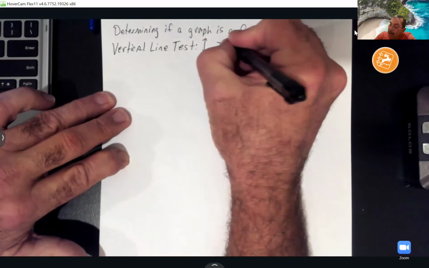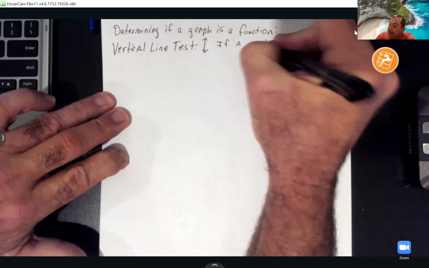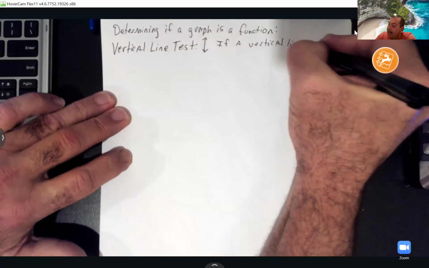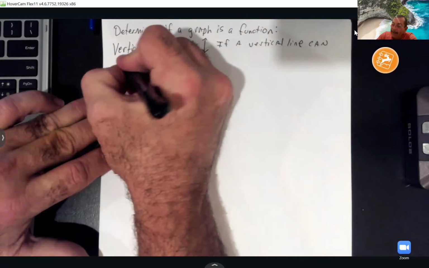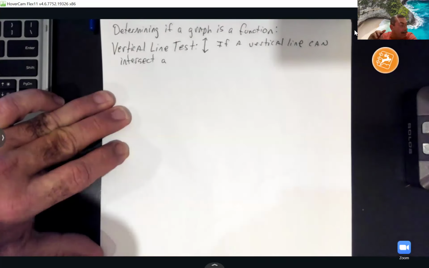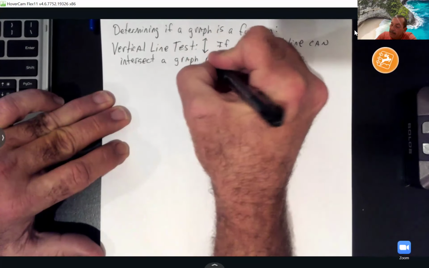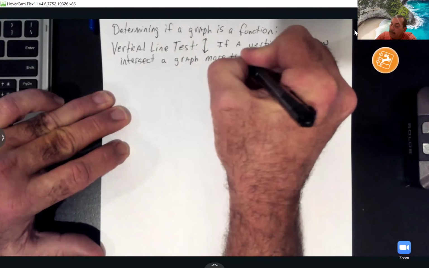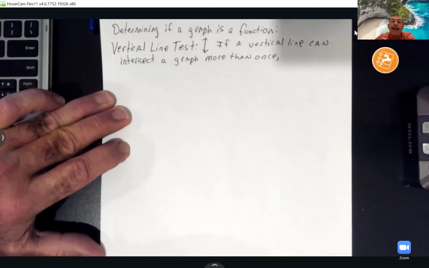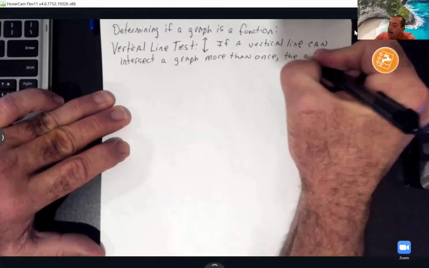So if a vertical line can intersect a graph more than once, the graph is not a function.